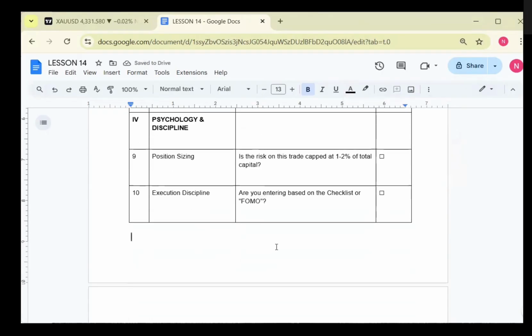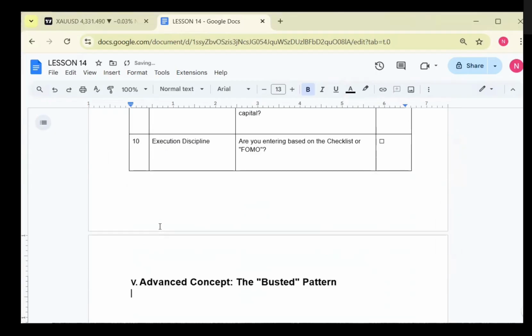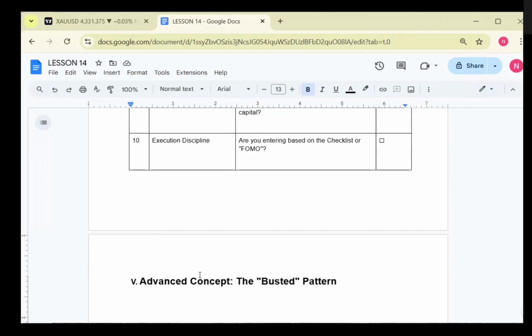Okay, and now is the advanced lesson. The advanced part of today's lesson is the concept of the busted pattern. Like I just shared with you, not any strategy using the knowledge that we have learned from the video, that all traders confirm for accuracy, is 100% winning all the time.